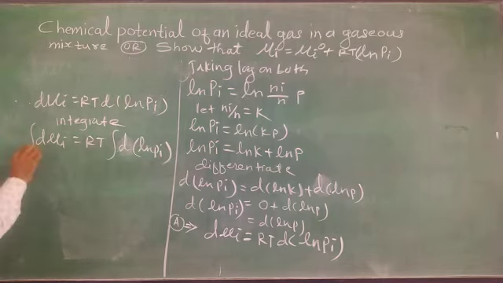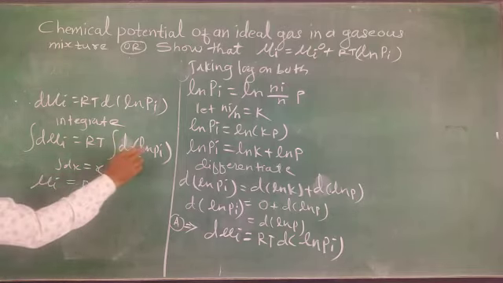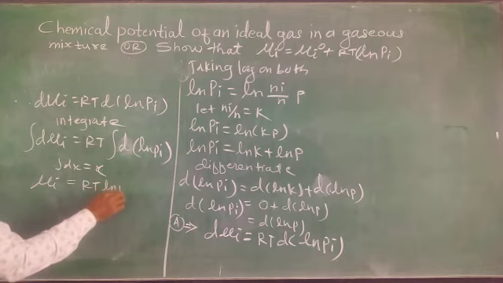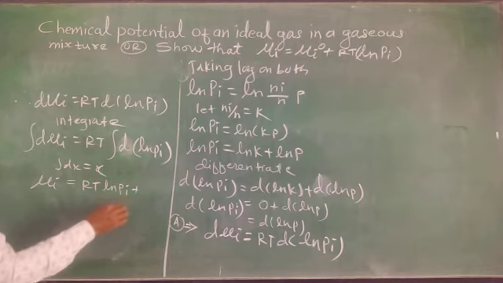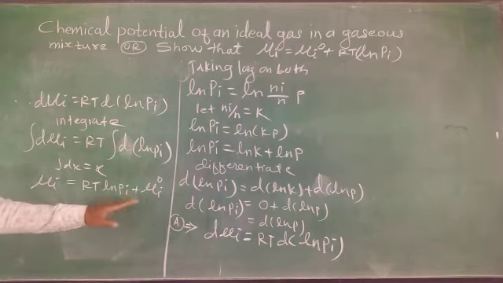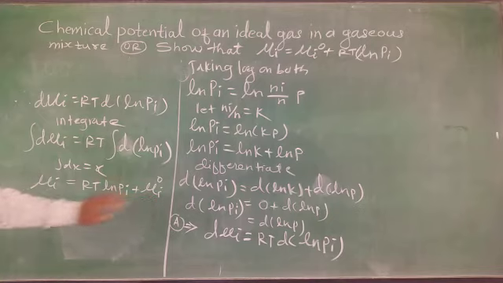Now the integration of dx is x. That's why the integration of dμi becomes μi. From this formula, RT remains as it is. The integration of d ln Pi becomes ln Pi, plus the integration constant μi⁰. This integration constant μi⁰ depends upon the temperature as well as the nature of the gas or gaseous mixture.